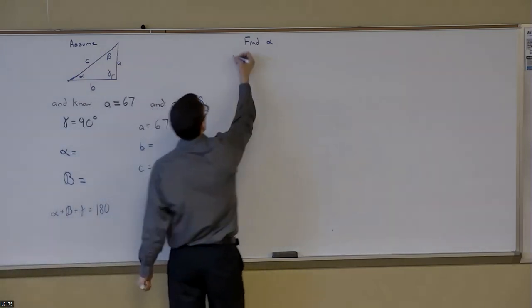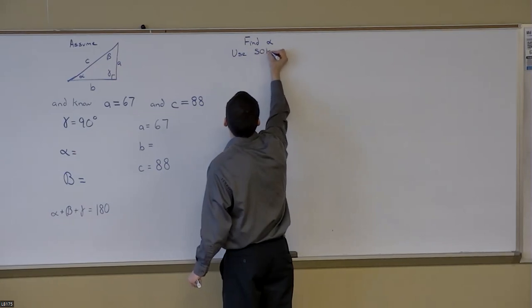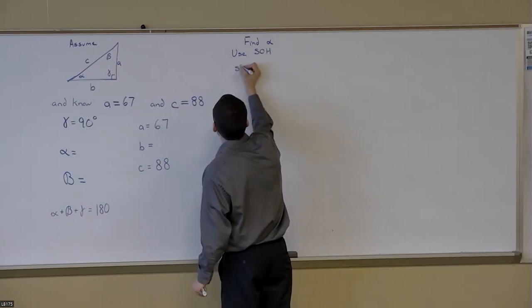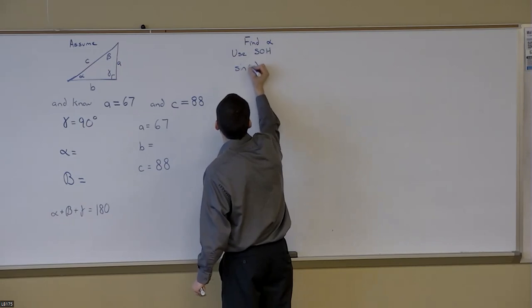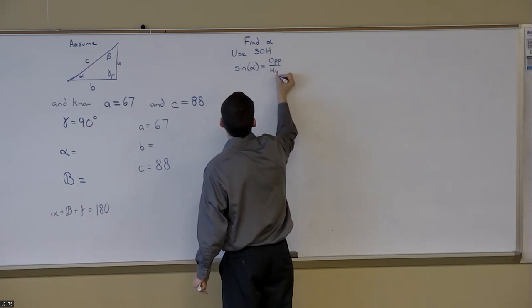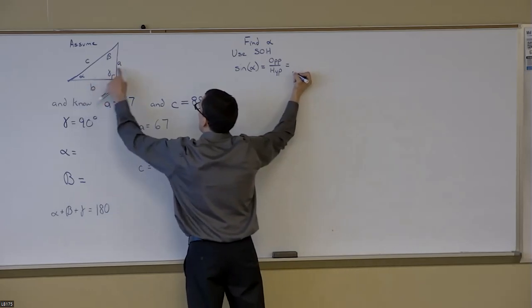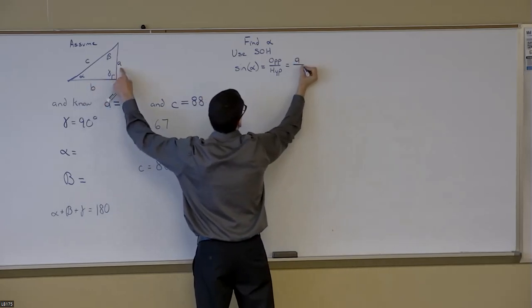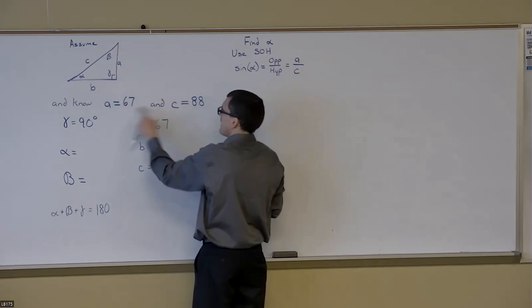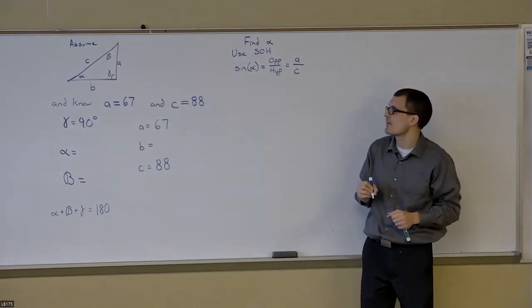So we use sine because sine of alpha is equal to the opposite over the hypotenuse. And for alpha, a is the side opposite and c is the hypotenuse. And those are the two I was given.